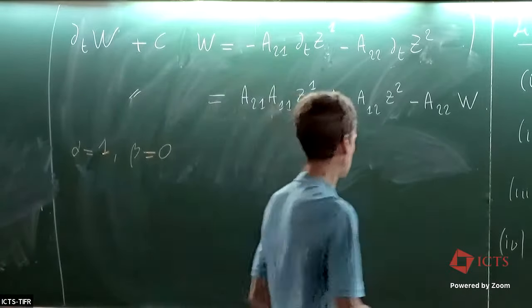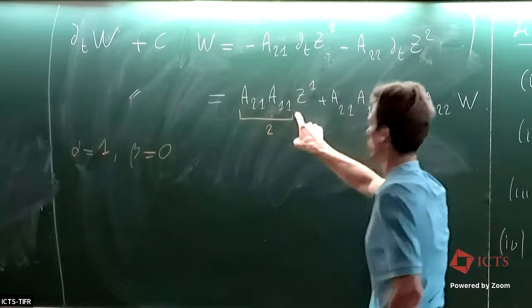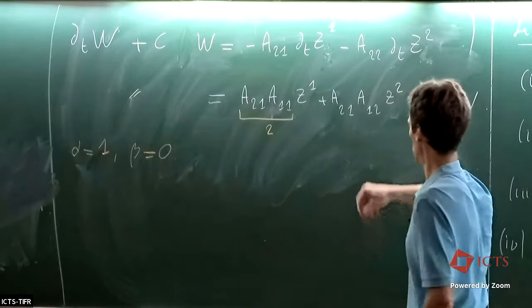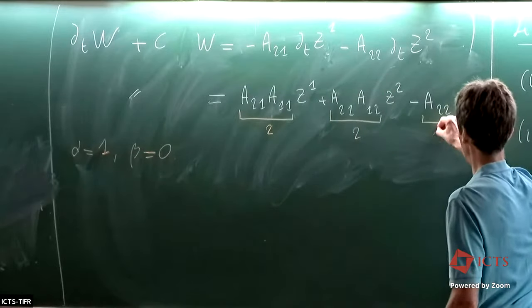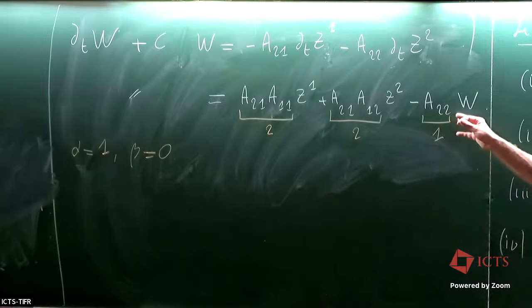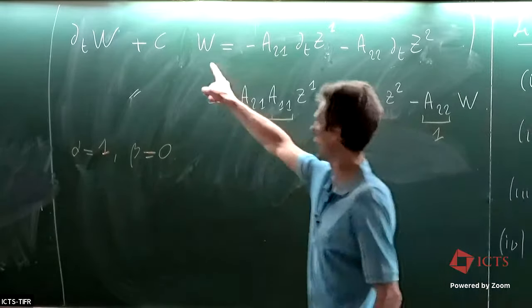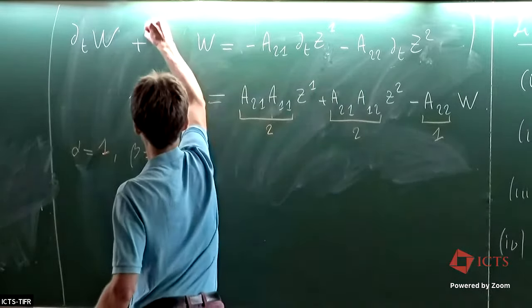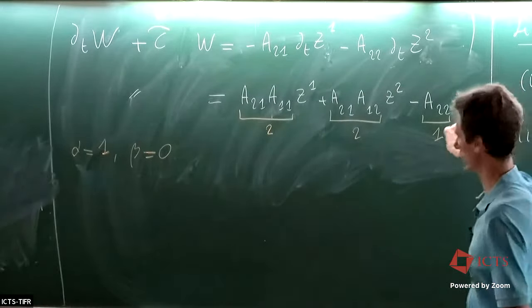So what happens? In that case, you have something which is of order 2, because you have twice an operator of order 1. This one is also of order 2. And here is of order 1. So this means that if you are in the low frequency regime, an order 1 operator is like multiplying by the size of the frequency. So if the frequency is very small, it's good: this is really small compared to this one, because in that case, C is of order 0. So in the low frequency regime, this term is negligible compared to this one.